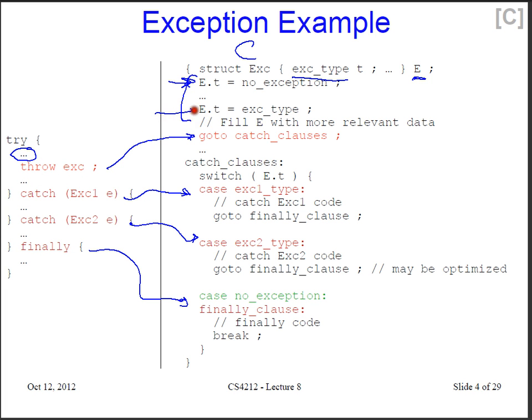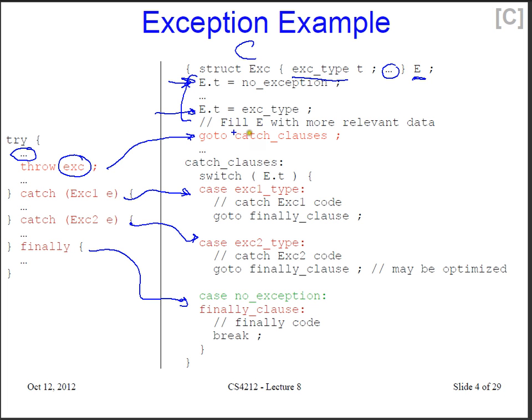Well, we first of all set the type of the exception to reflect the type of this guy. And then E will have several other fields. So the other fields will be filled up with whatever other information we have here. So this exception may have integer fields, string fields, that might explain where the exception originated, and what is the reason for the exception, and so on.